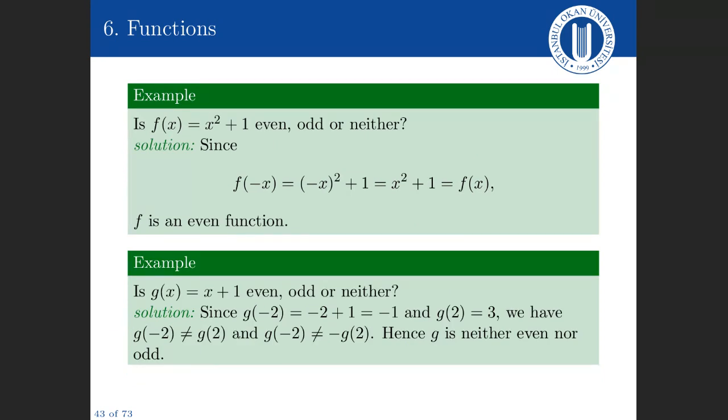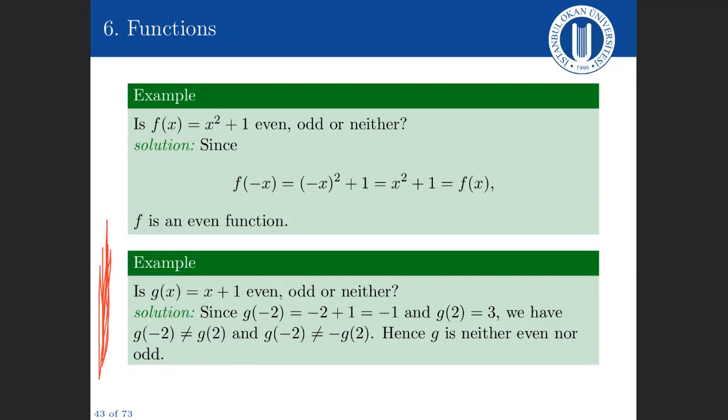If we're trying to show that a function is not even and not odd, we don't need to do this for every single x. We only need to find one number where the two equations are not satisfied. Have a look at the second example on this page.